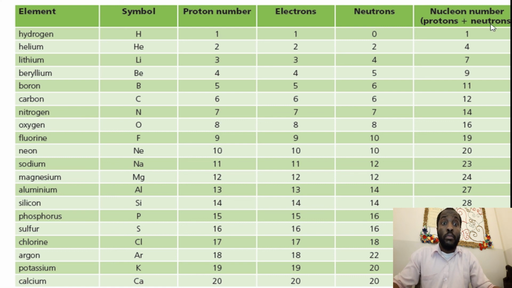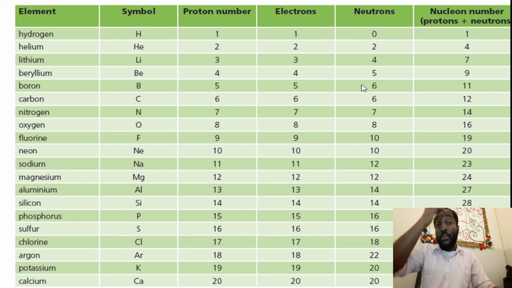Now, chemistry demands that you know these first 20 elements, as well as their symbols. And you should also know their proton, electron, and neutron numbers too. Good.